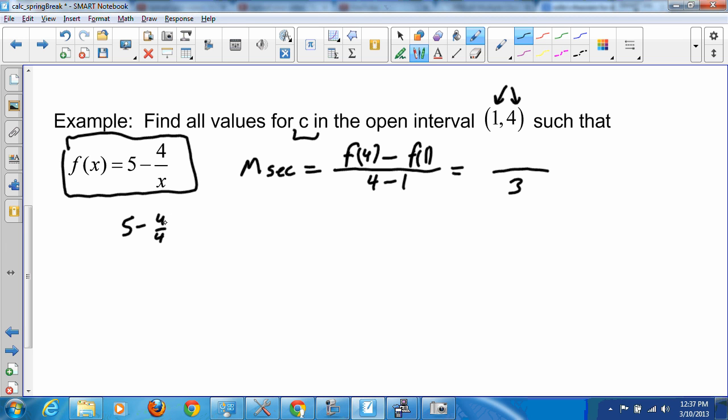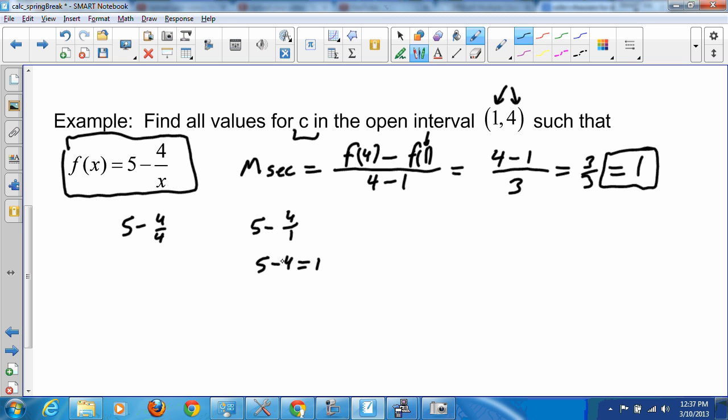So 5 minus 1 is 4. And plugging in 1, 5 minus 4 equals 1. So the slope of the secant line is 3 over 3, and that's equal to 1.